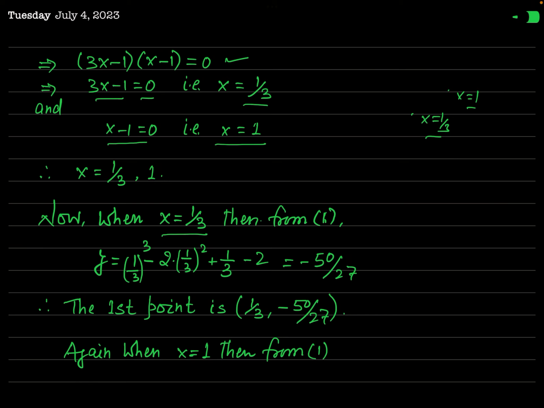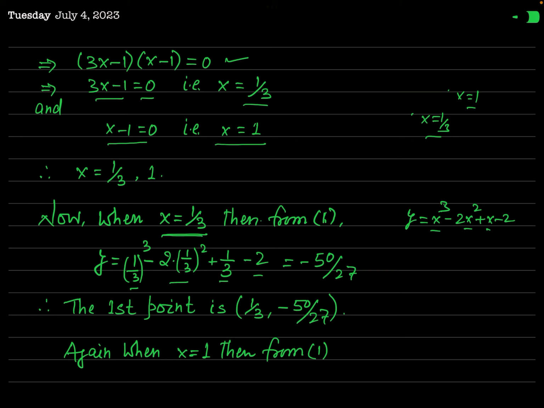And you can see the equation was y equal to x cube minus 2x square plus x minus 2. But we have obtained that x is equal to 1 by 3. So in the place of x we will now substitute 1 by 3. So y will be (1 by 3) cube minus 2 times (1 by 3) square plus 1 by 3 minus 2.